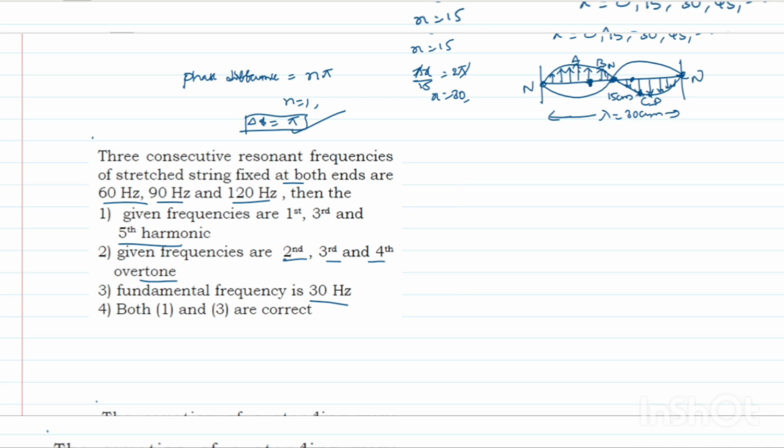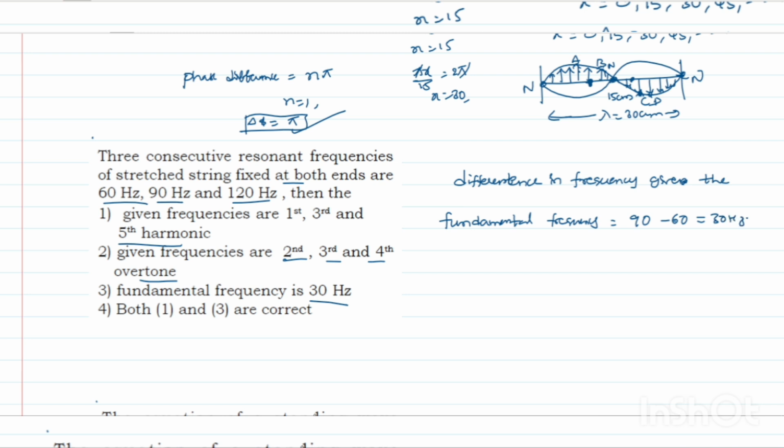To calculate the fundamental frequency, you can take the difference in the frequencies, which gives the fundamental frequency. That is nothing but 90 minus 60, students, which is 30 Hz.